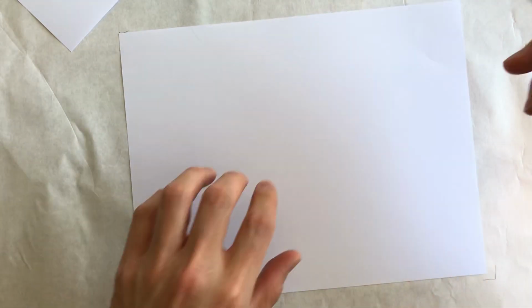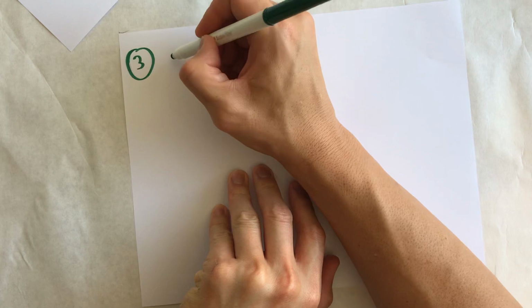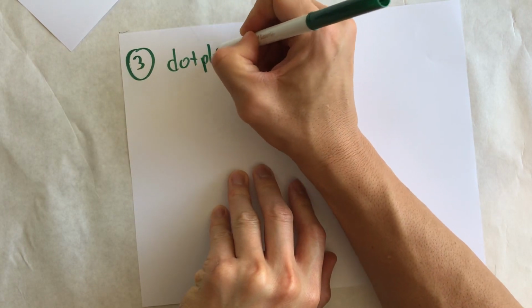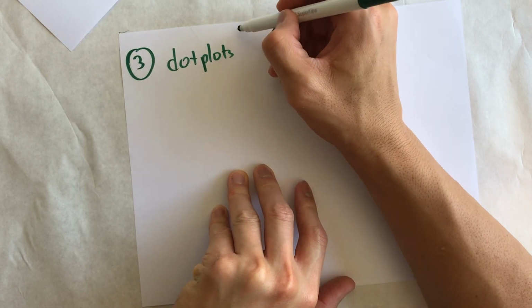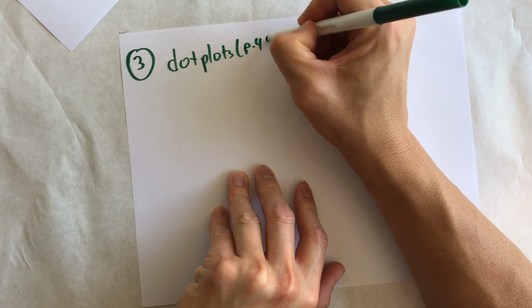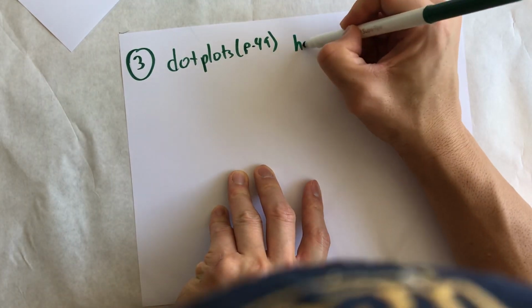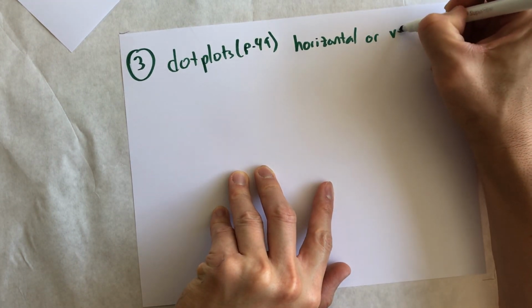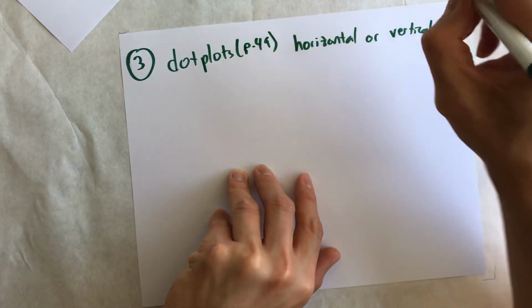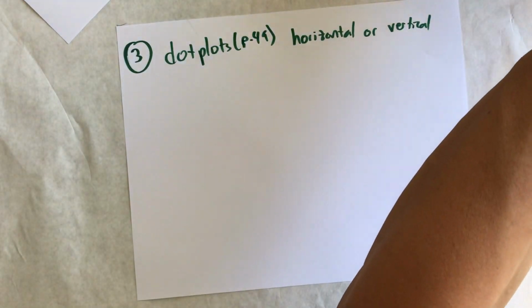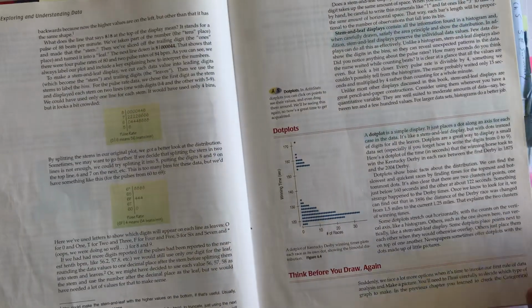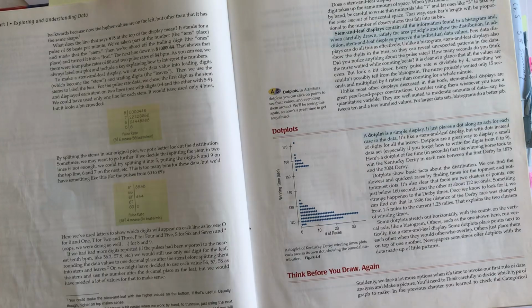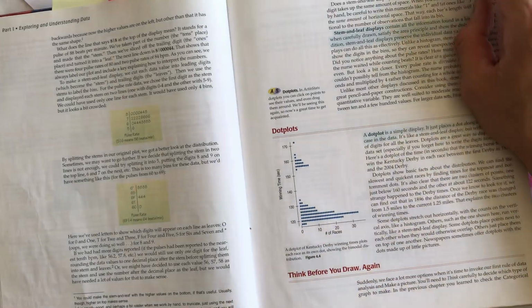We have a dot plot. I think you're familiar with these. Dot plots are found on page 49, and they can be either horizontal or vertical. The example on page 49 is a horizontal one. Let's see if they give you a vertical one.